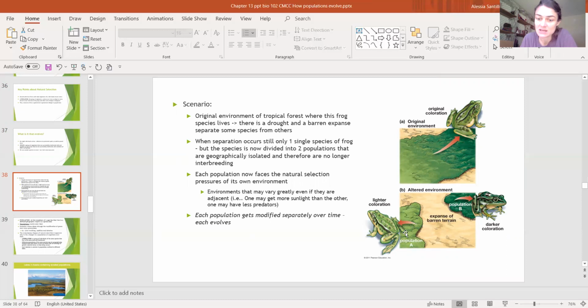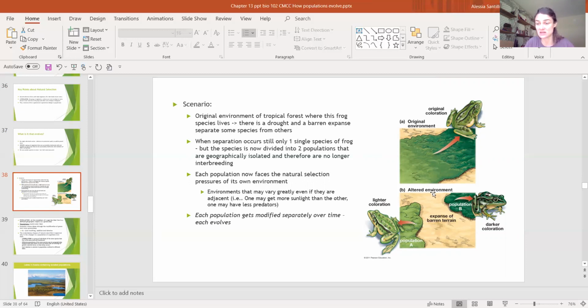The offspring of the frogs that had lighter coloration were picked and survived more than any darker coloration frog. Well, it was the opposite here. The darker coloration frog, because of its darker surroundings, survived more than the lighter coloration frog. So you can see how it's a population that is adapting and the population is evolving, right? It's not one single species.